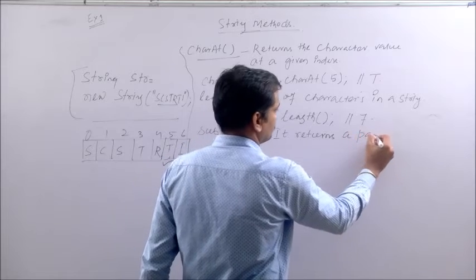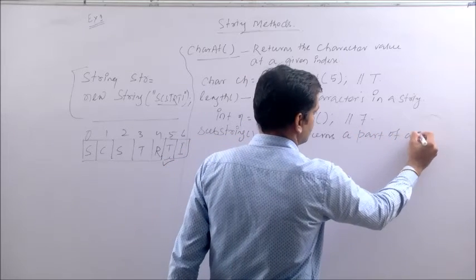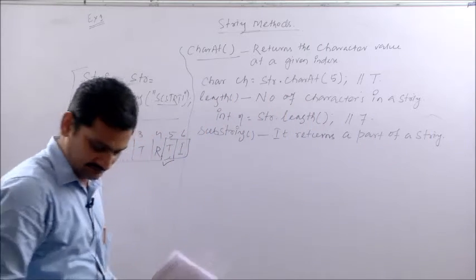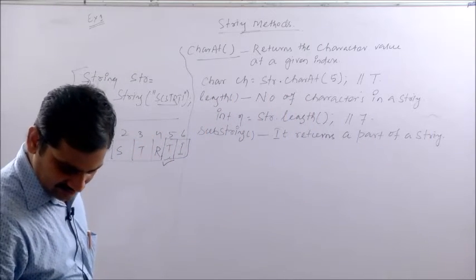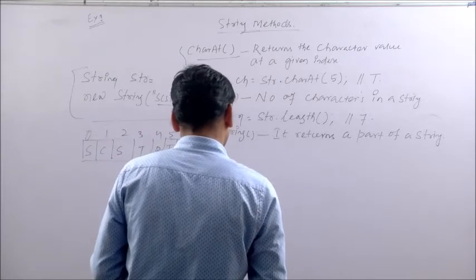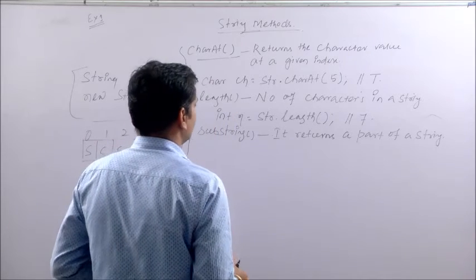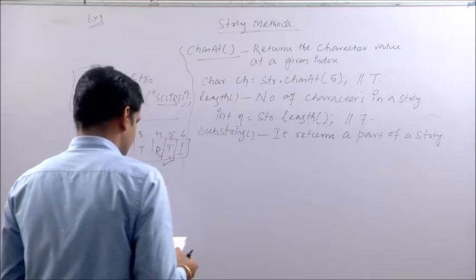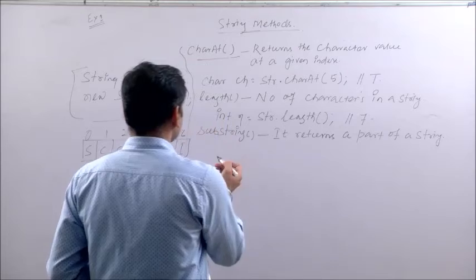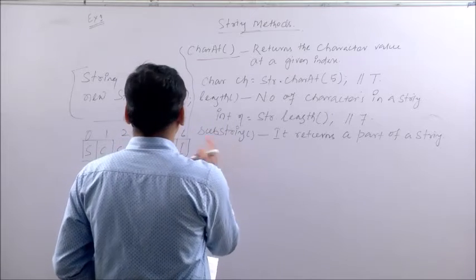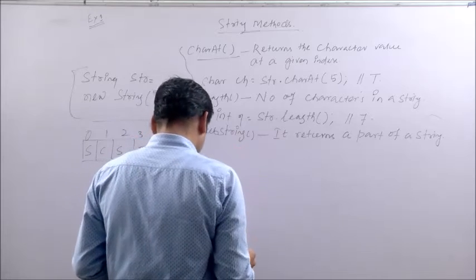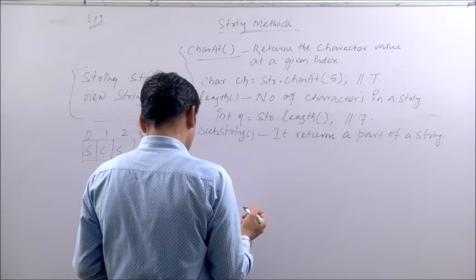It returns a part of a string. If we are going to use it, then it may be like this. From this string we are going to return some part. We can use it in two ways.